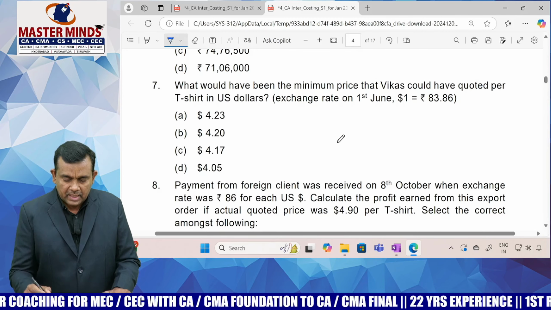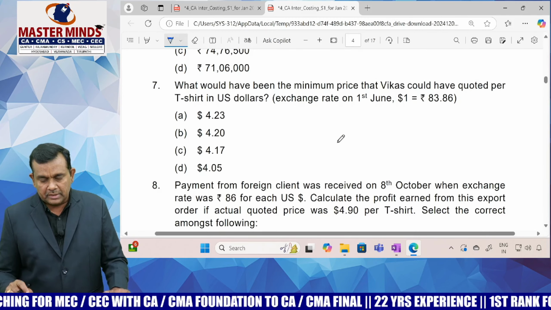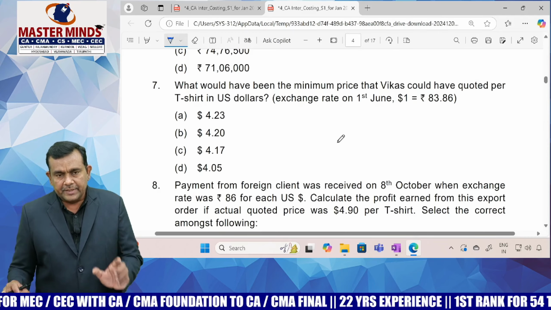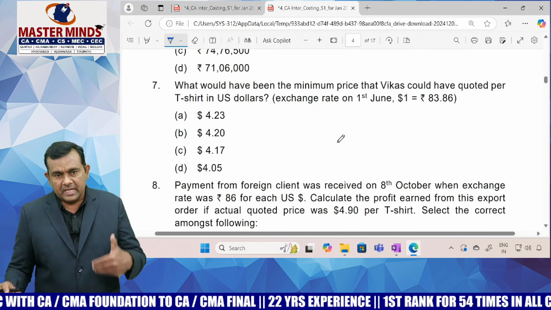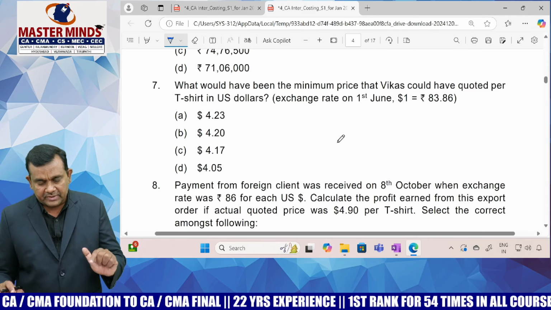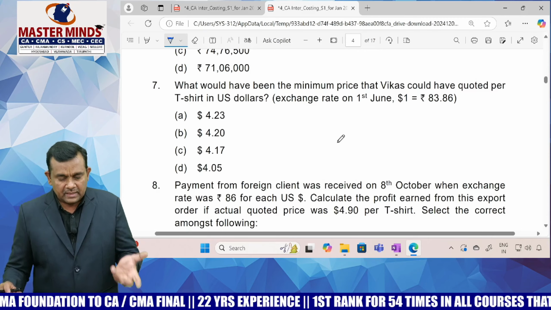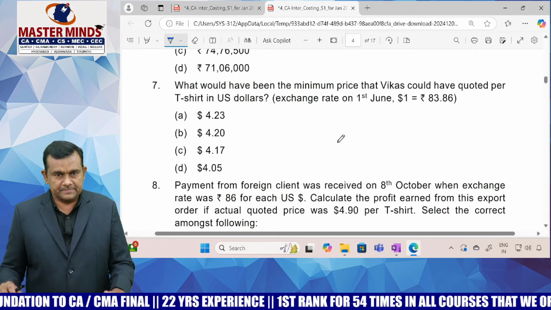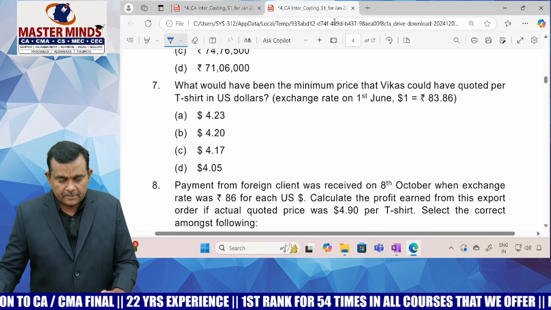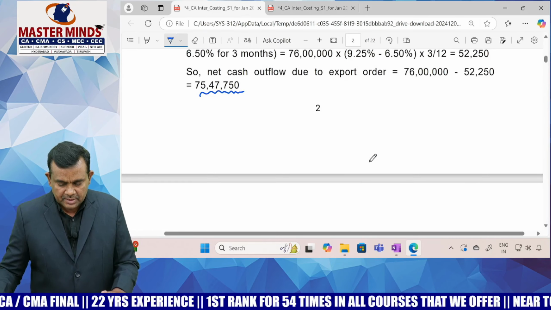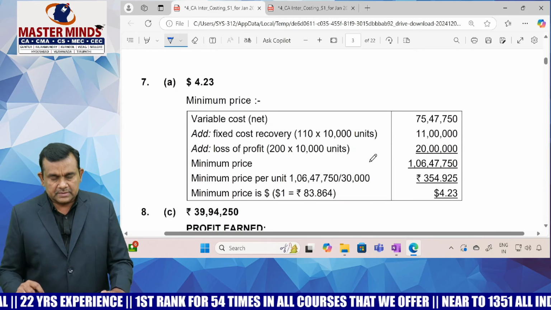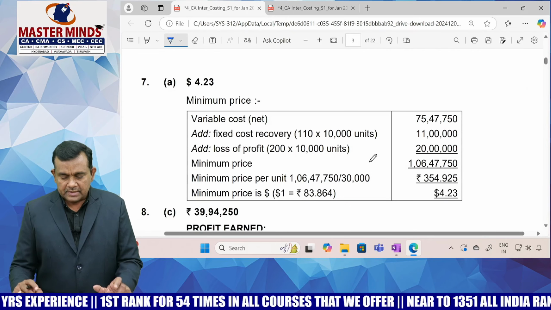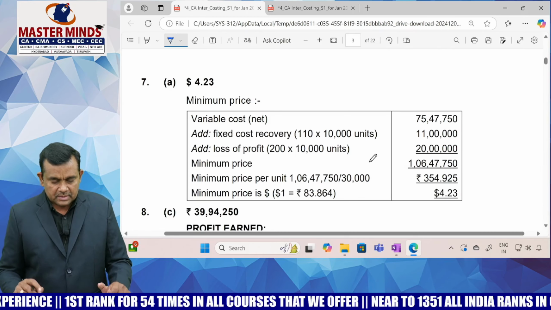Here the exchange rate on 1st June is $1 equal to 83.86 rupees. First calculate in rupees, then divide by 83.86, and the answer will be in dollars. See the solution, sir. The minimum price is variable cost net amount plus fixed cost plus loss of profit.